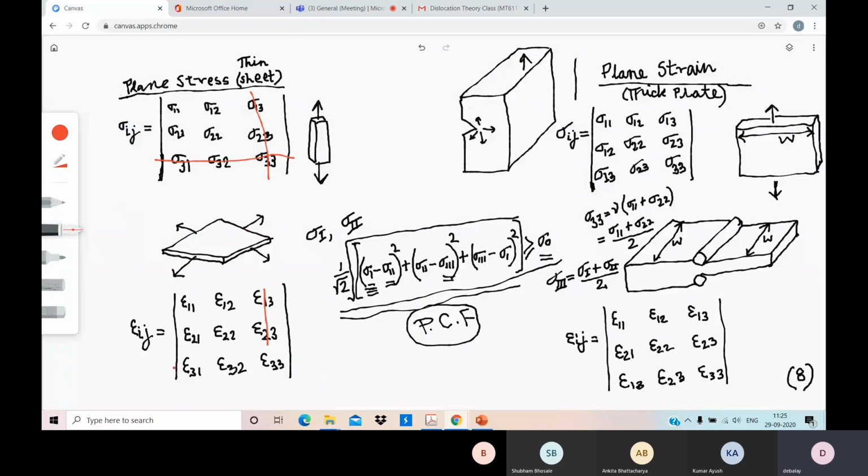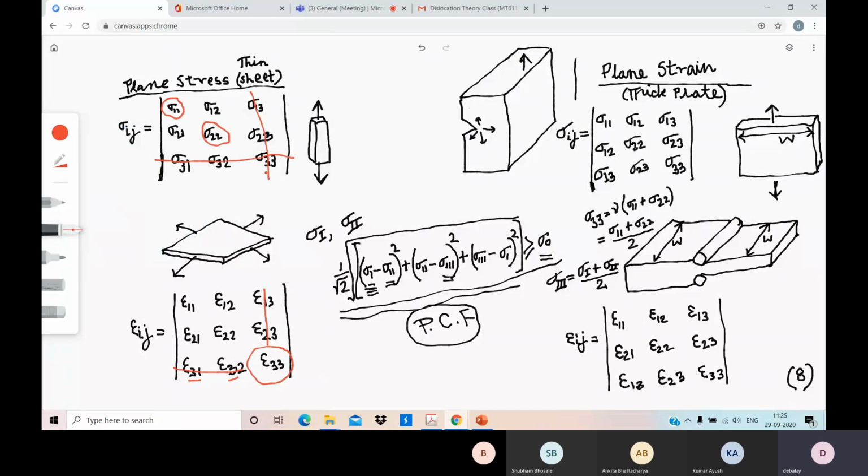We know epsilon 1,3 requires sigma 1,3 and epsilon 2,3 requires sigma 2,3, so these two will not be there. But even sigma 1,1 or sigma 2,2 can give you epsilon 3,3. From the constitutive equation, epsilon 3,3 equals sigma 3,3 by E minus nu by E times sigma 1,1 plus sigma 2,2. So if you apply sigma 1,1, there can be epsilon 3,3.